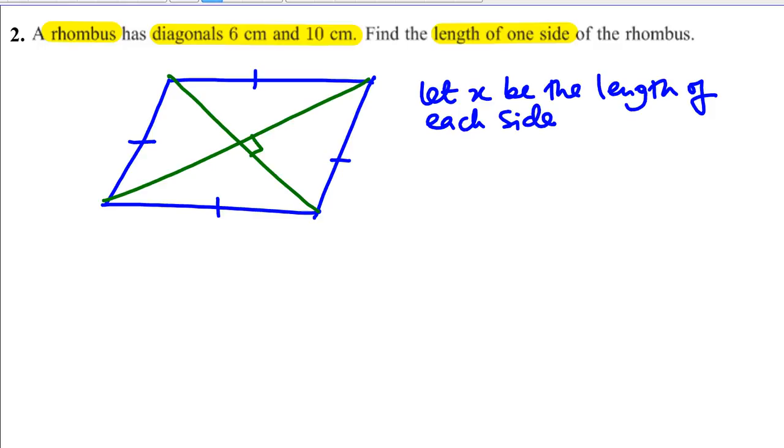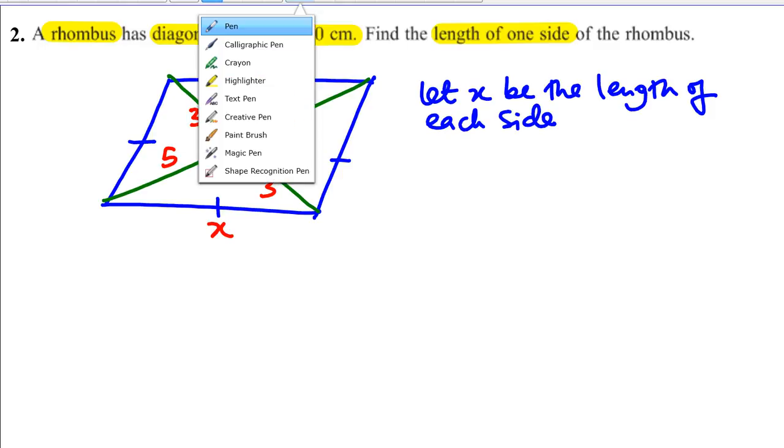So suppose this length here is x, and we're given that the diagonals are 6 and 10, which means that the shorter one will be 6, so that will be 3 and 3, and the longer one will be 10, which means that will be 5 and 5.